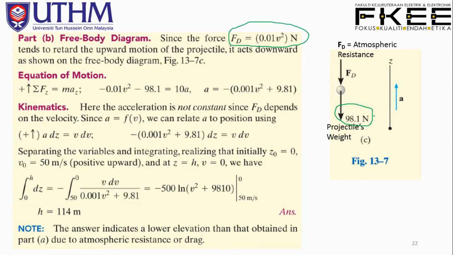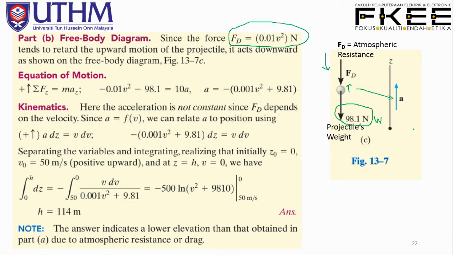So this is the weight of the projectile. So now we have the atmospheric resistance, which is acting downward, which opposes the movement or motion of the projectile. Remember, the projectile is moving upward, okay, with an acceleration.